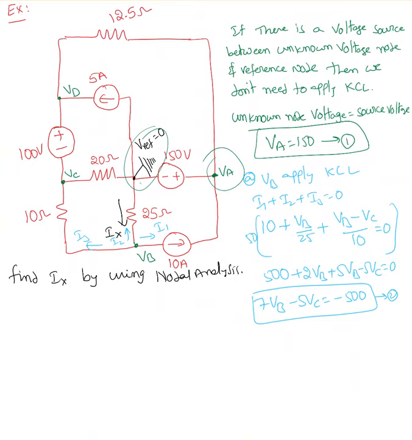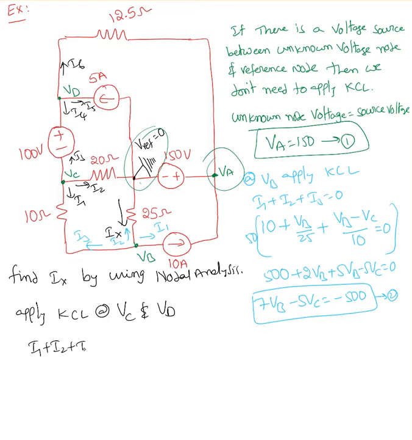I'm going to write currents at both nodes, I1 through I6, applying KCL at VC and VD. At VC I have I1 plus I2 plus I3, plus at VD I have I4 plus I5 plus I6 equals 0.